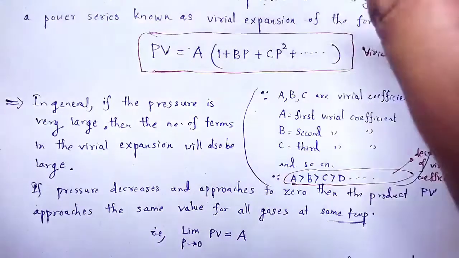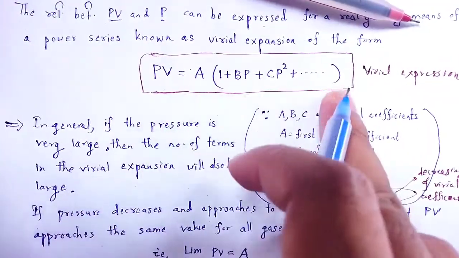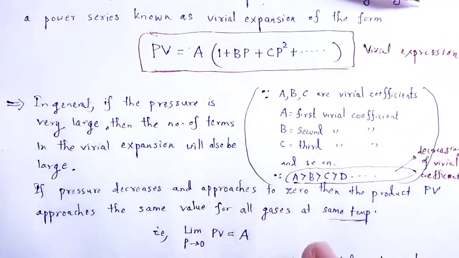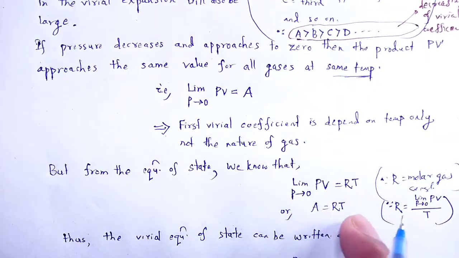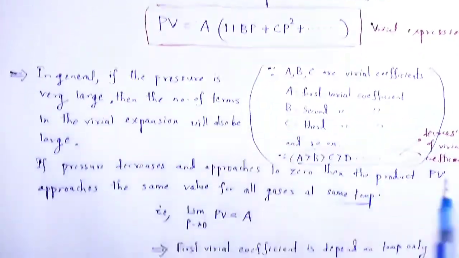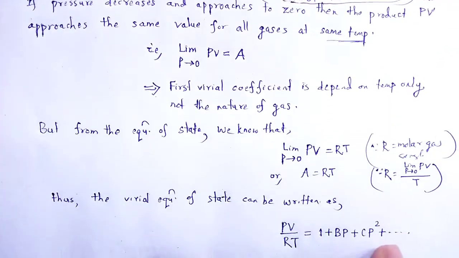Look at that expression. Here PV is equal to A whole into that much. In place of A we substitute RT. So PV by RT is equal to that equation.